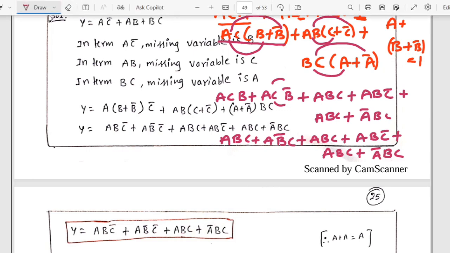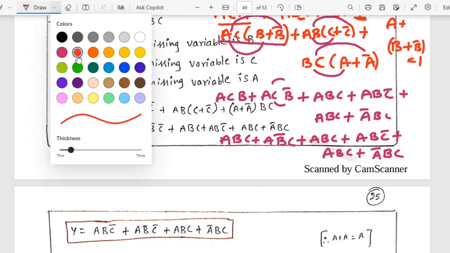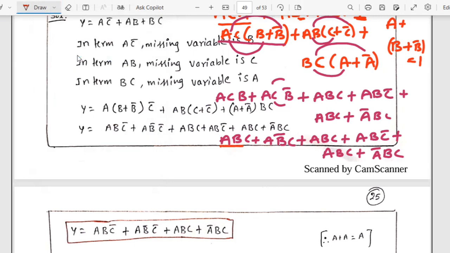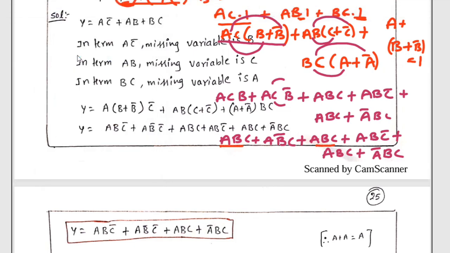Here ABC is common, ABC is common, ABC is common. So we should write only once, one ABC, because of the formula I used: A plus A equals A, or A plus A plus A is also A only. That's why I'm writing only once.